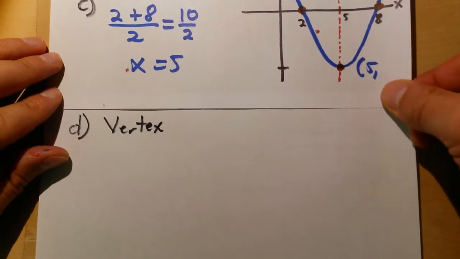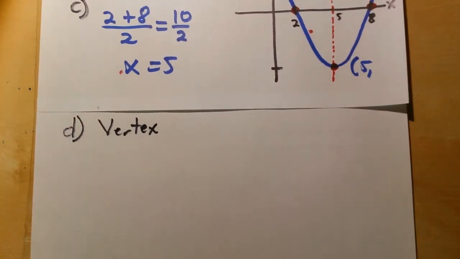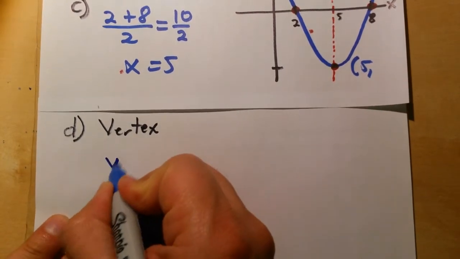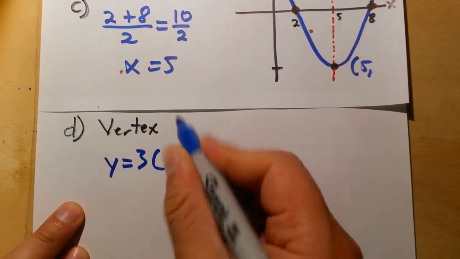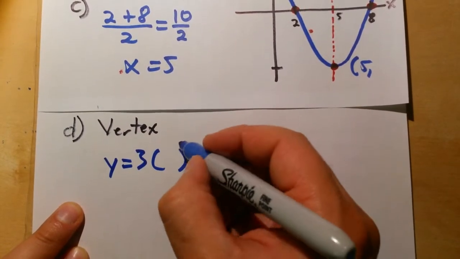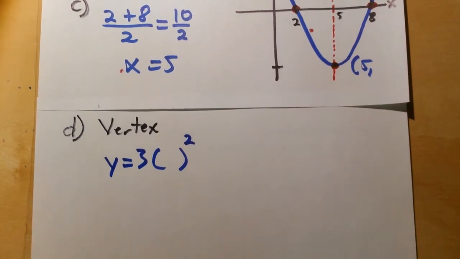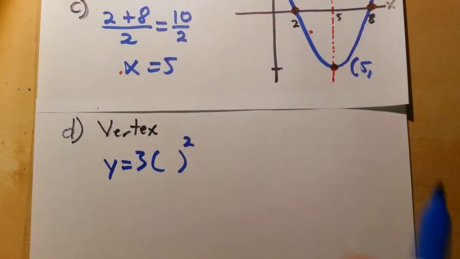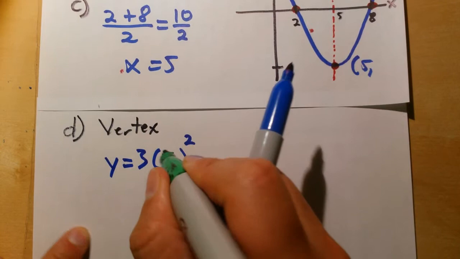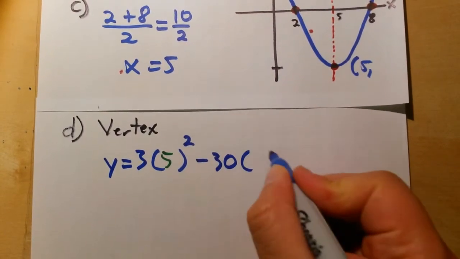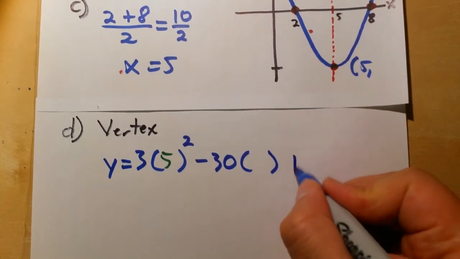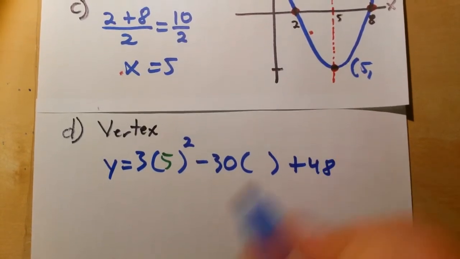Let's move this up a little more. Alright, so we're going to substitute it into the equation, and we have the following. What is our y equals 3 times, and let's substitute the 5 that we obtained here. So I'm going to write down 5 minus 30 times 5 plus 48.